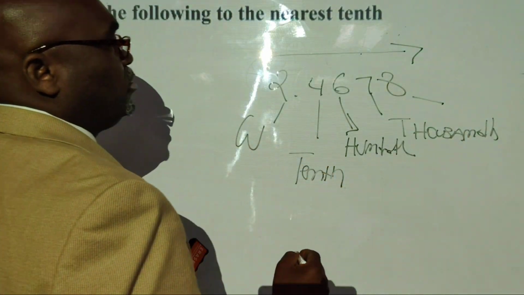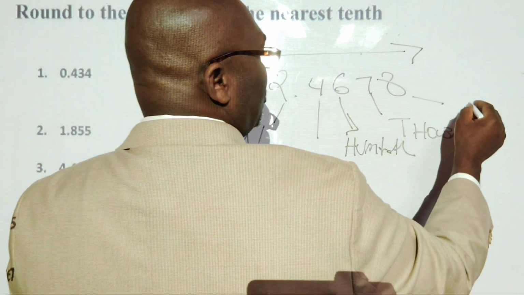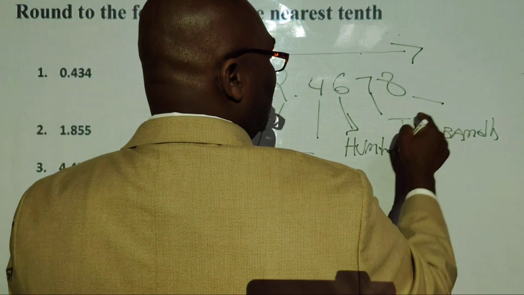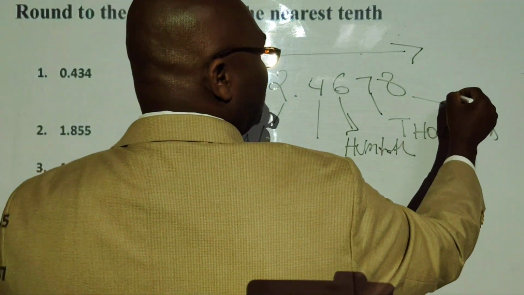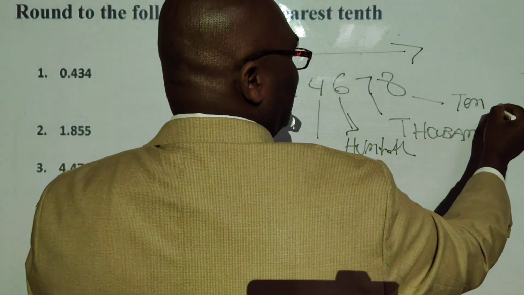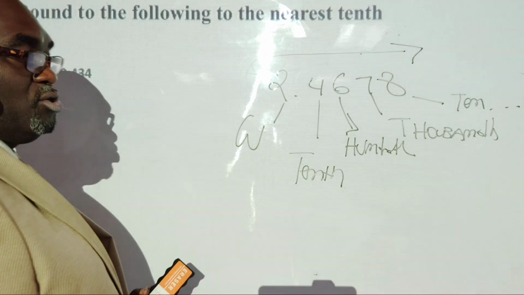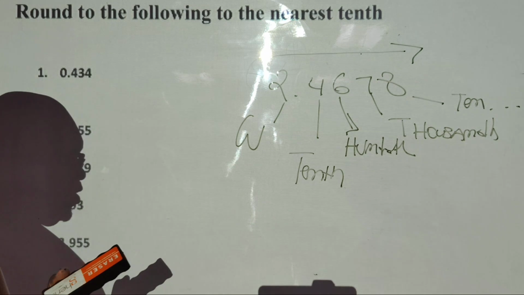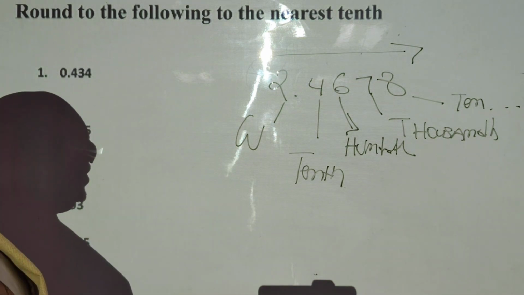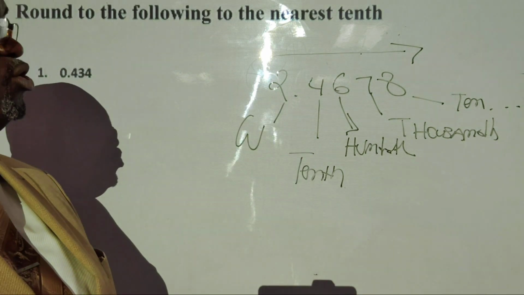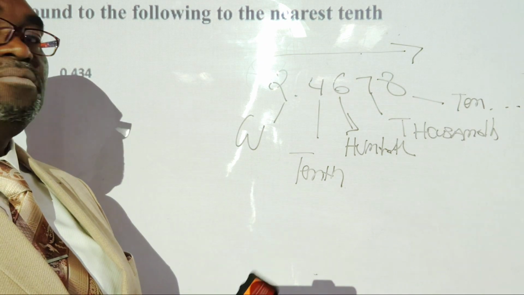The fourth one is going to be the ten-thousandth, and so on. It's critical that you understand where your tenth place is, where your hundredth place is, your thousandth place, and so on.